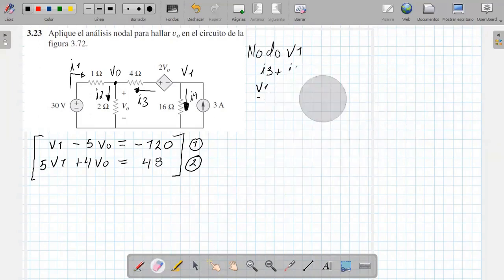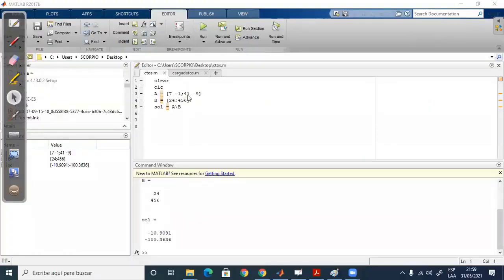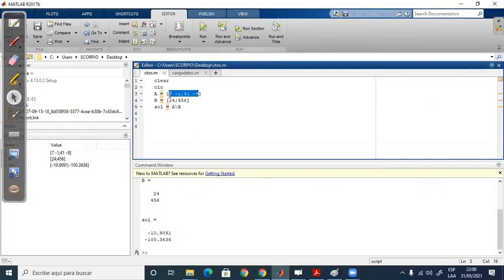OK. Now to solve it you can use any method: Cramer, substitution, equalization, reduction, Jordan, or a calculator or MATLAB. Personally, I like to use MATLAB and I'm going to do this for you.